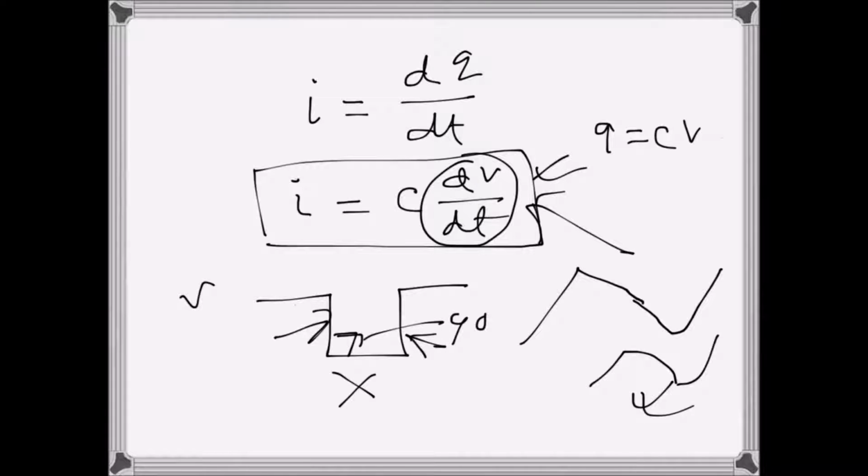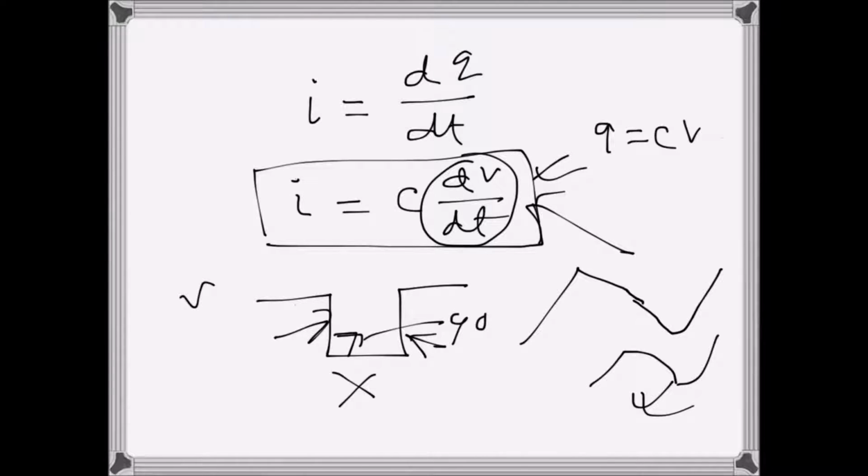Practically, if we want an abrupt change of the voltage across a capacitor, the current we will need is an infinite current. So it's not possible practically. So this is one thing of the capacitor, that the voltage cannot change instantly. It has to be a continuous change.